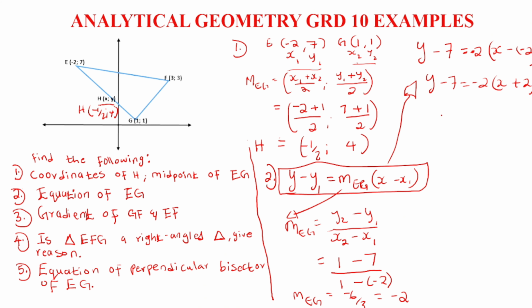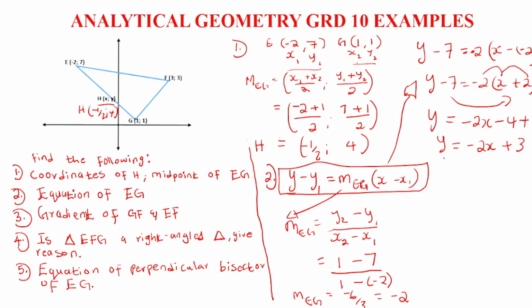Then we take 7 to the other side, and we also remove the bracket, a binomial, guys. Negative 2x minus 4, then 7 jumps the equal sign and becomes positive 7. We're left with y is equal to minus 2x plus 3.